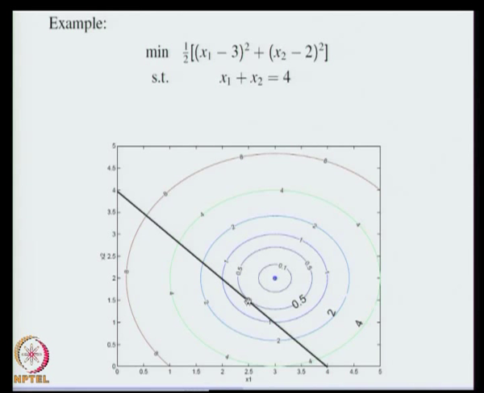This is the point where the function value is minimum and it also satisfies the constraint, and this point is where the x1 coordinate is 2.5 and the x2 coordinate is 1.5. So, the solution to this problem is x1 equal to 2.5 and x2 equal to 1.5. Let us see another example.